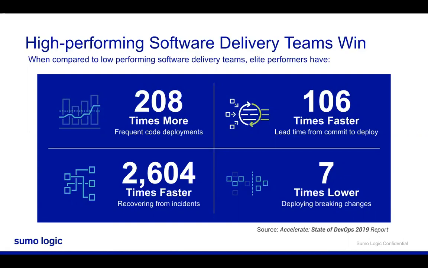They can show that the highest performing teams can deploy code around 208 times more frequently, get it to production 106 times faster, with 7 times less issues. And when issues do occur, they can fix them around 2,000 times faster. So pretty incredible stats.